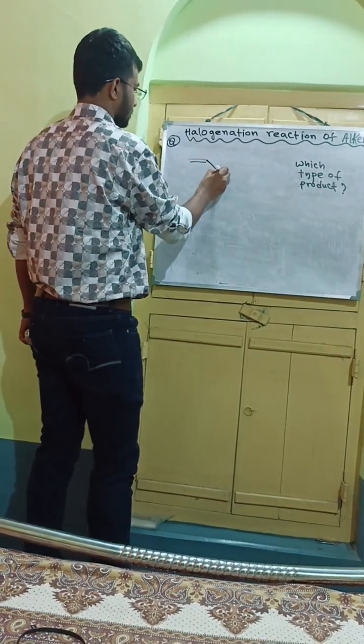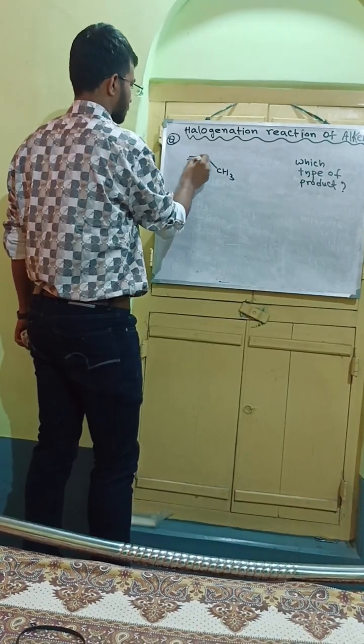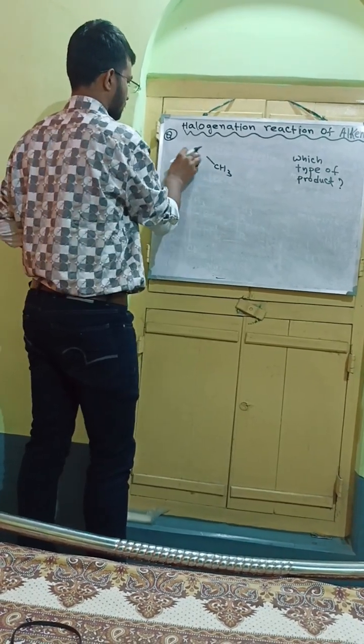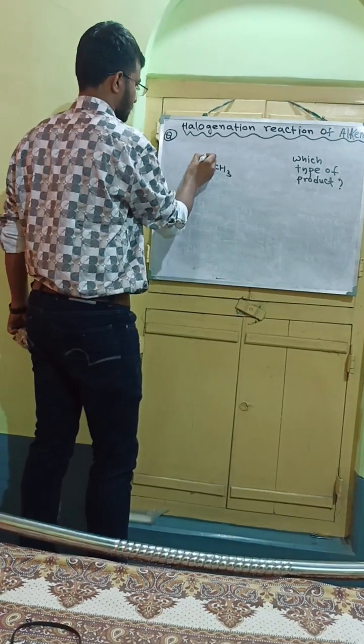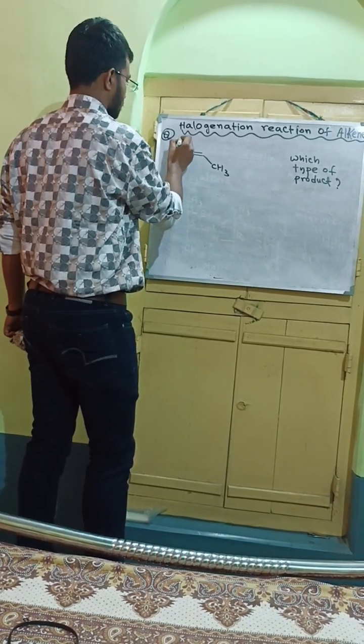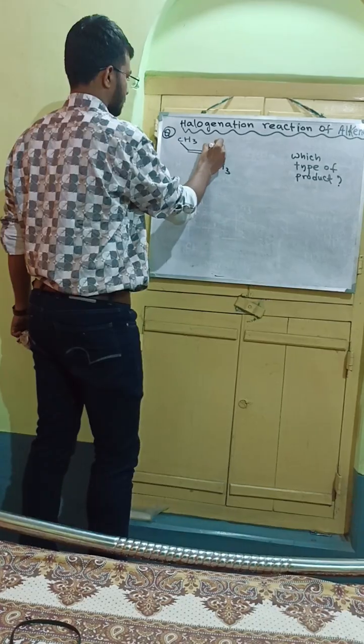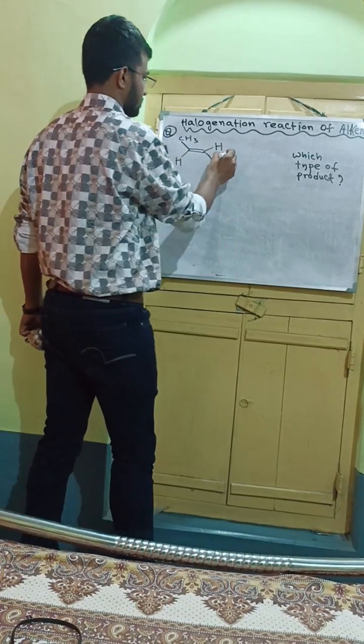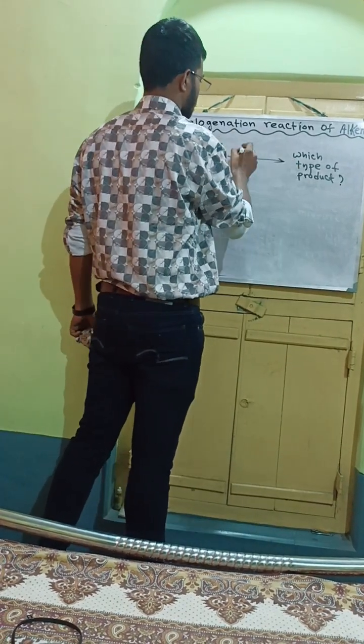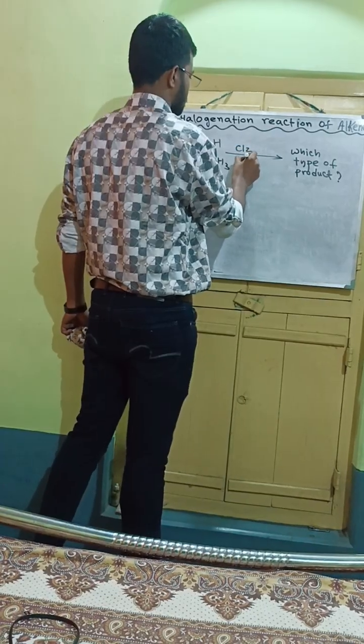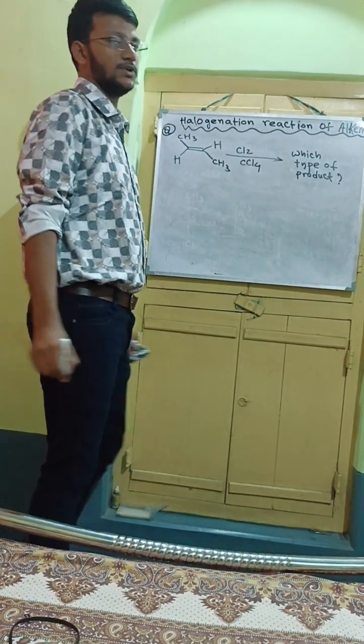That is trans alkene CH3, H, Cl2 CCl4. Which type of product?